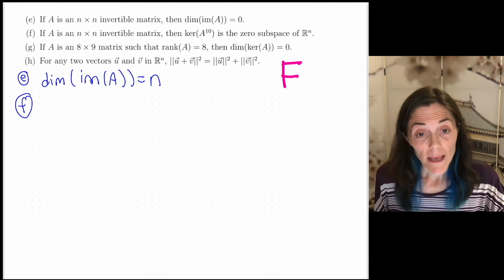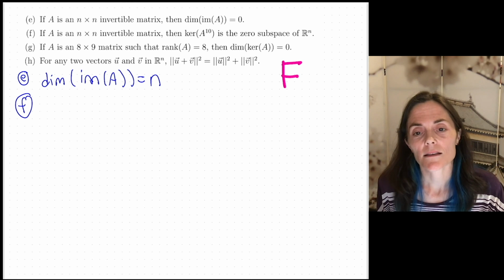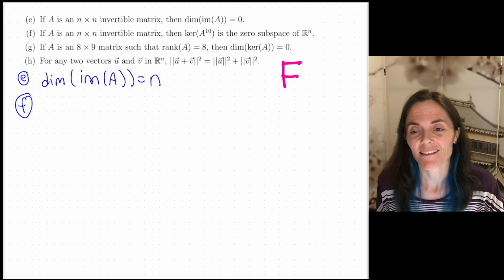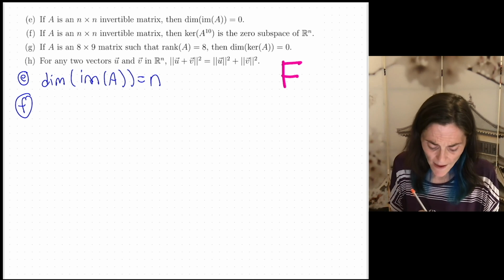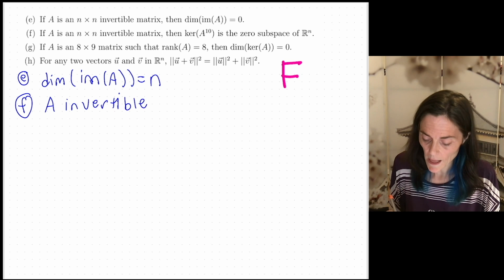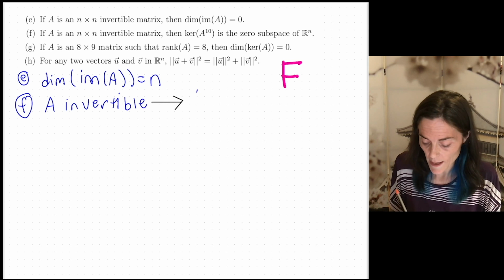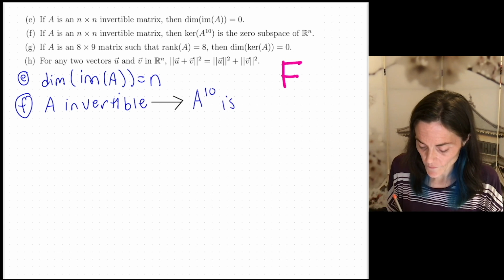If A is an n by n invertible matrix, then the kernel of A to the 10th is the 0 subspace of Rn. This one is fantastic. If you have an n by n invertible matrix, this will imply that any power, say A to the 10 or A to the 100 or A cubed, something like this, will be invertible.